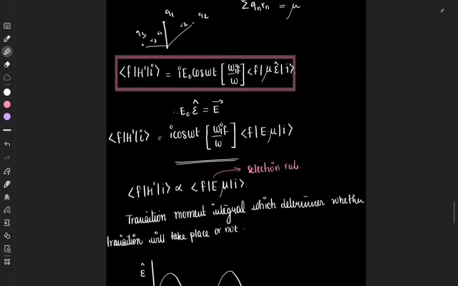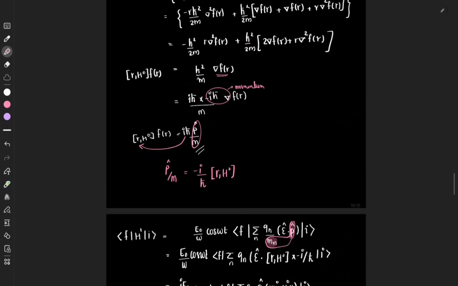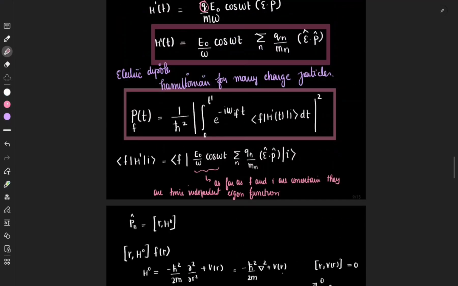I have written this equation above somewhere here. Here. This formula. Pf of t is equal to 1 by h cross square, modulus integral 0 to t prime, e raised to minus i omega if t, then this one. Okay, we found the value of this.